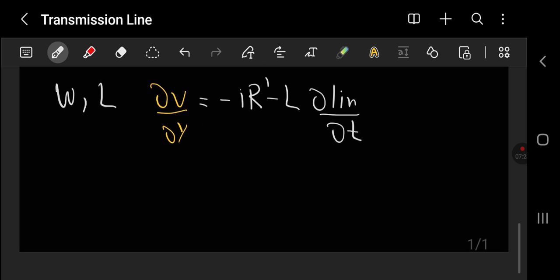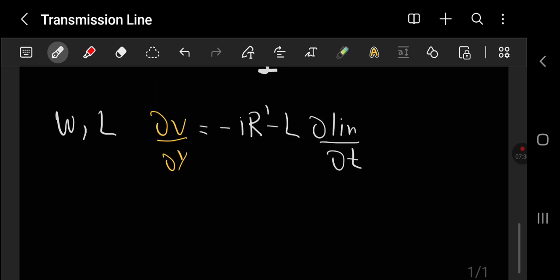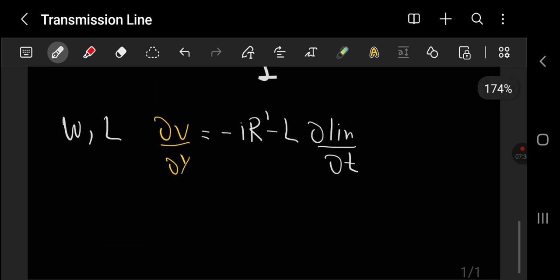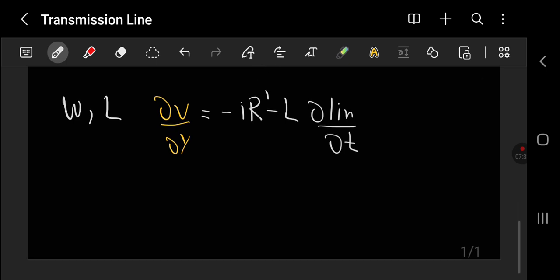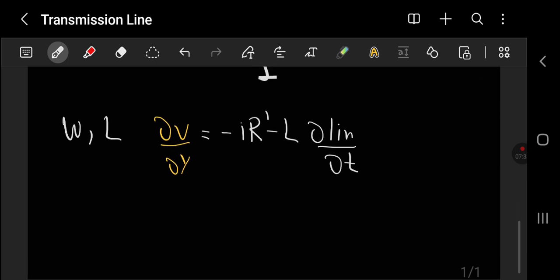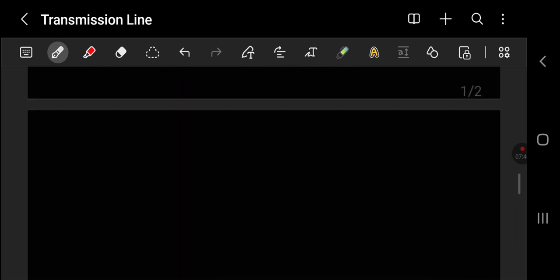Before we go along, let's remember the equations which describe these elements R, L, and C, so you can get a better understanding of how this modeling is being done.